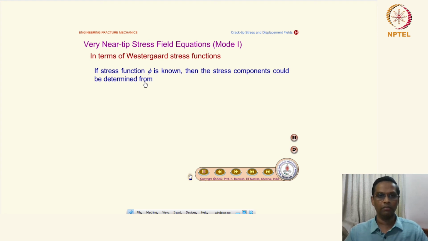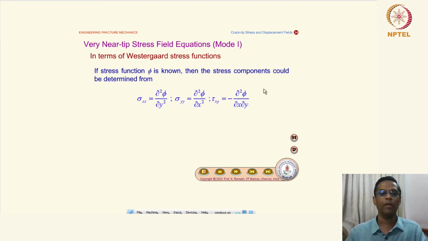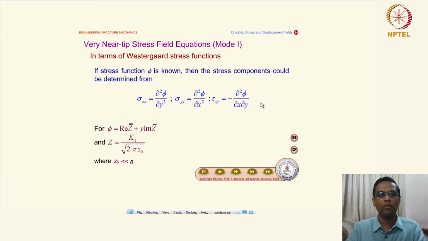But in this case, it is given by the Westergaard stress function, and then we are looking at it. That is how you have to remember. Also remember that this problem looked at biaxial tension.